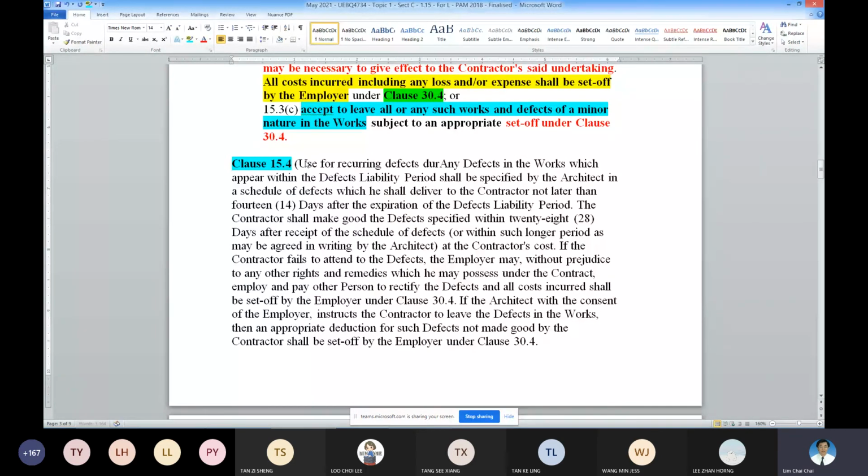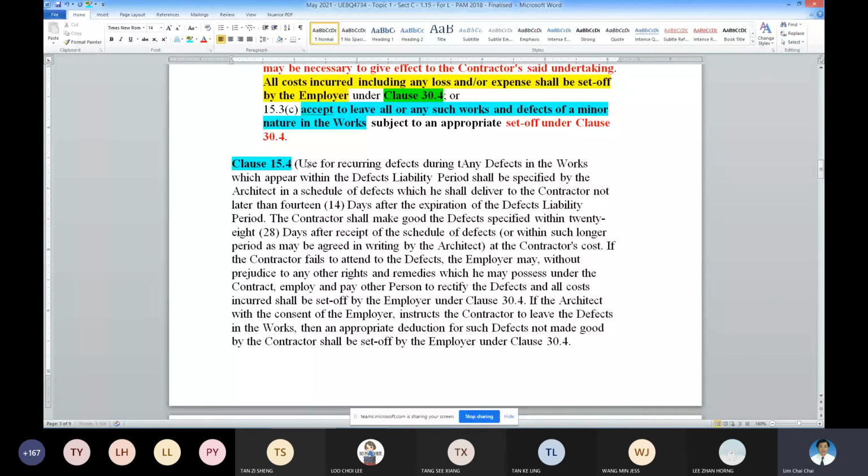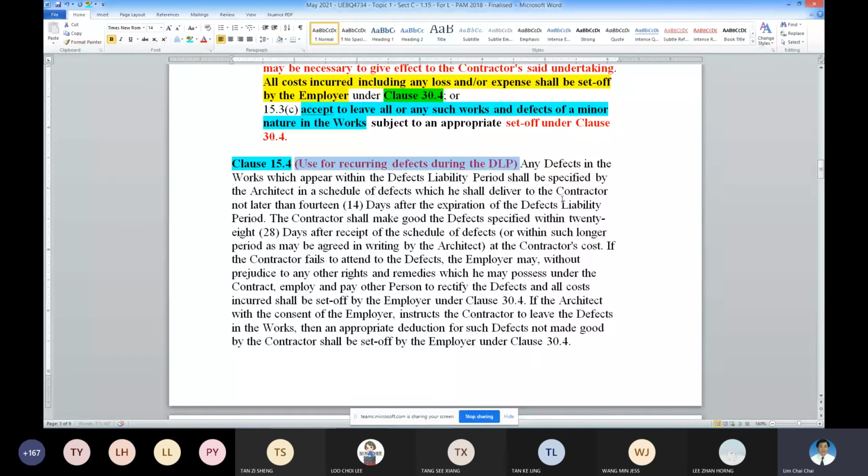Okay, this is the important point. Oh, sorry. It's 15.5. The recurring defect is 15.5. Yeah, sorry. This one is under 15.5.